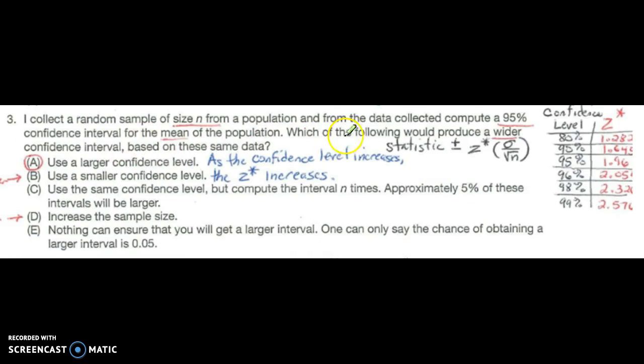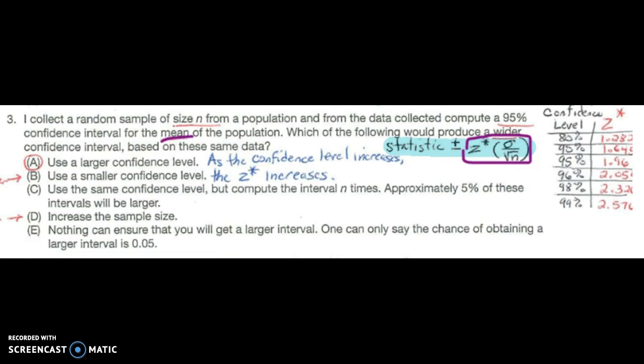In problem number 3, they're asking me if we understand the confidence interval, which is made up of the statistic plus or minus the margin of error. The margin of error consists of my critical value and my standard deviation. So we're talking about means, so that's my standard deviation for a mean.